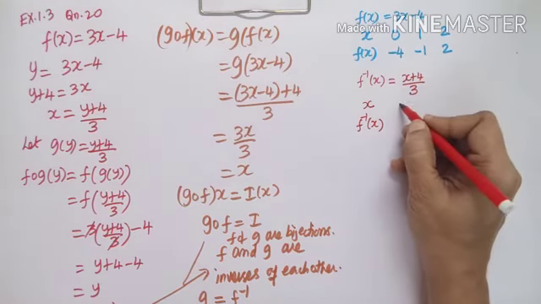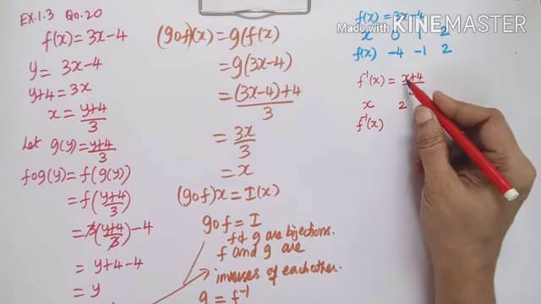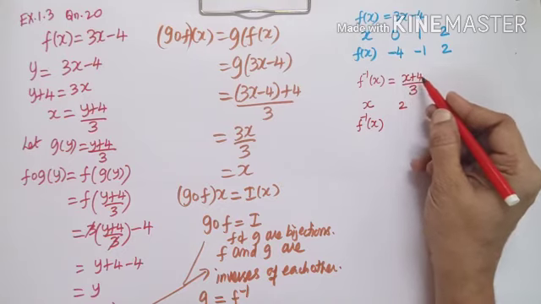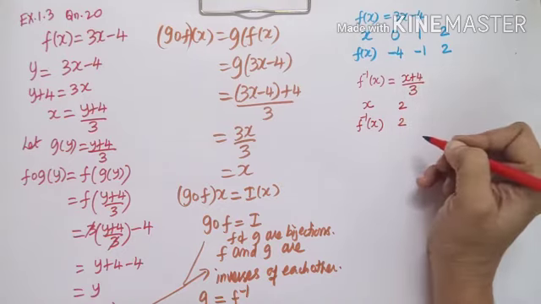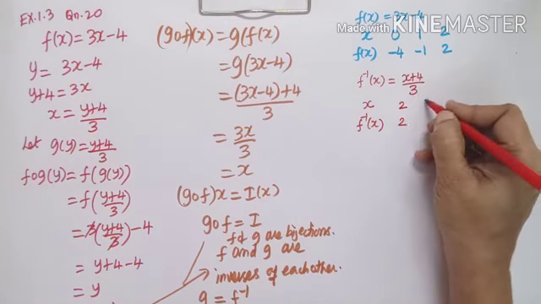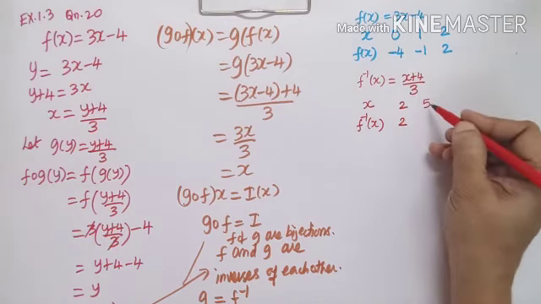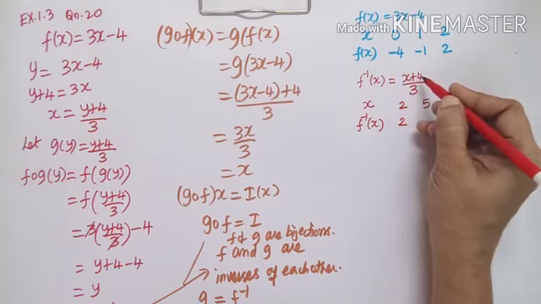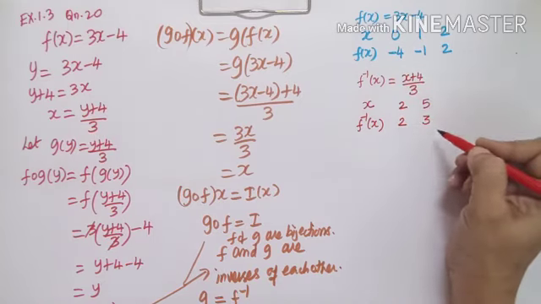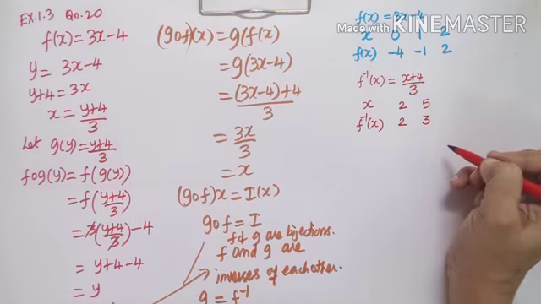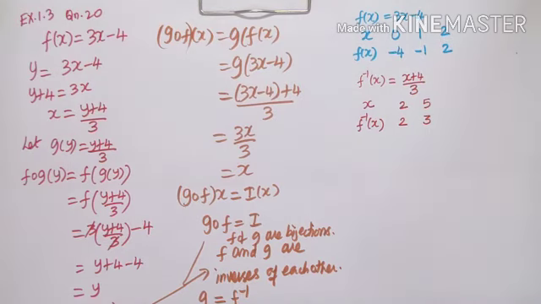First let me put x is 2. When x is 2, 2 plus 4 is 6, 6 by 3 is 2. Put some other value, say x is 5. When x is 5, 5 plus 4 is 9, 9 by 3 is 3. Two values are enough. Let us plot and find out the answer.